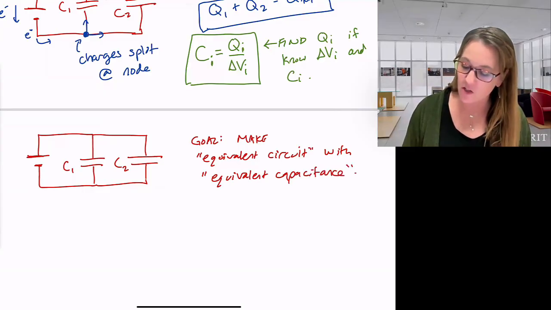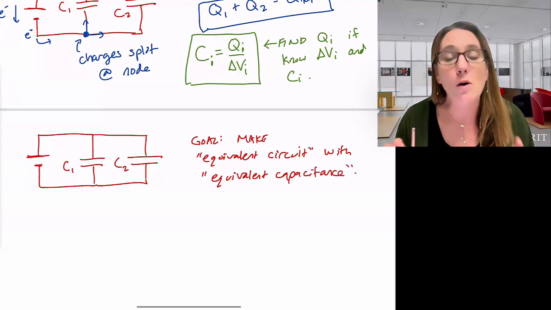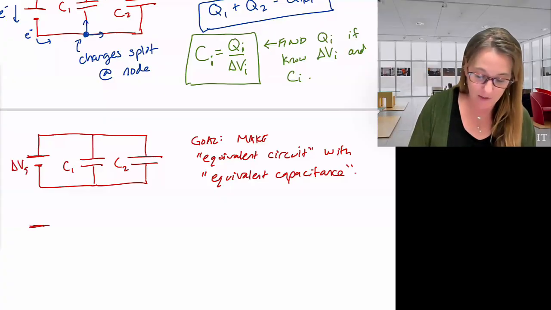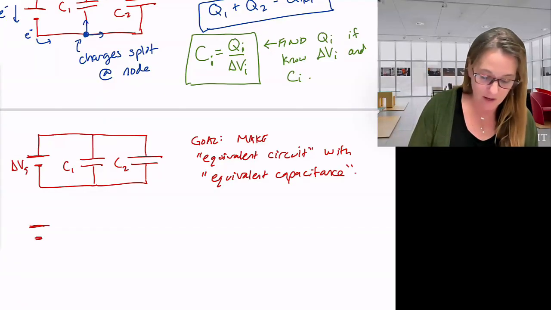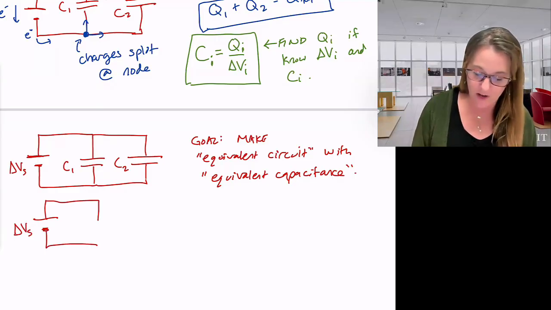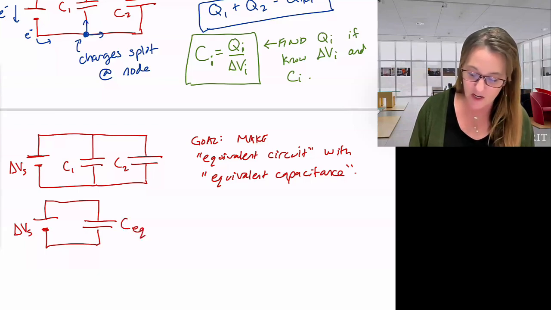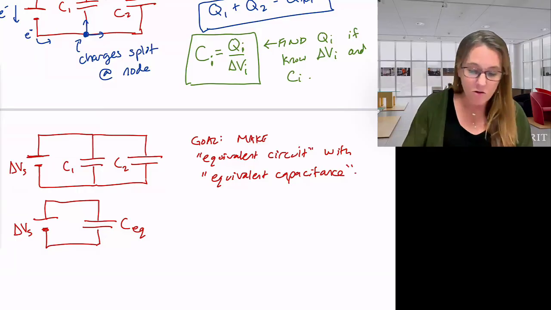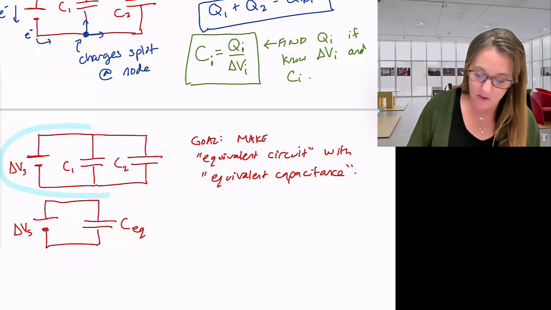That is, is there something that, to the power supply, if I keep the same power supply delta V sub S, is going to look the same? So if I have my power supply here, delta Vs, is there a circuit I can draw that just has a single capacitor, which we're going to call C_EQ for the equivalent capacitance, that looks the same as this top circuit?